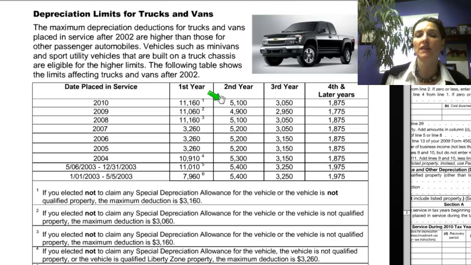In the second year, rather than being subjected to a $4,900 limit, the limit is actually $200 higher at $5,100. Third year limit is $3,050, and fourth or later years is $1,875. And you can see that for several years going back in time, the depreciation limits on vehicles weighing less than 6,000 pounds that are built on a truck chassis get a slightly higher limit on deductions than cars that are not built on a truck chassis.